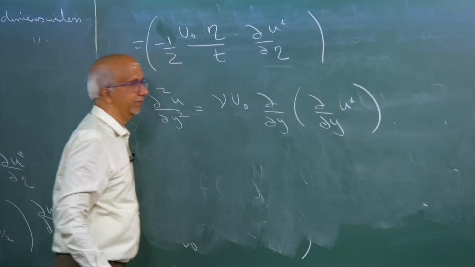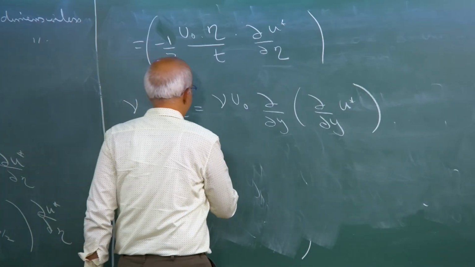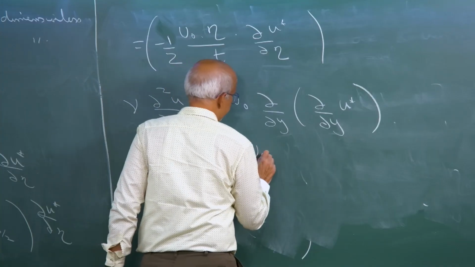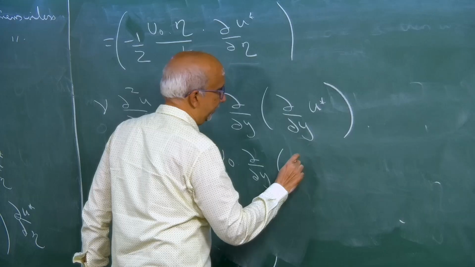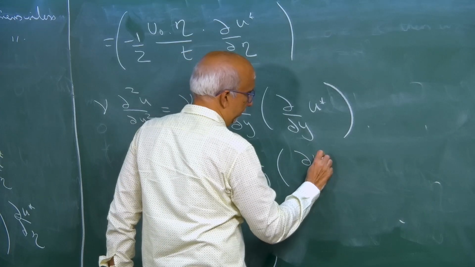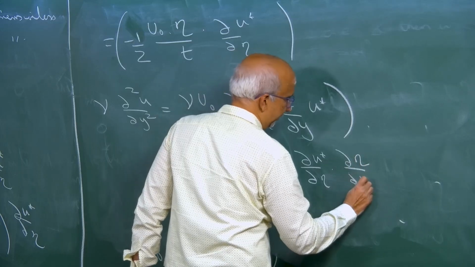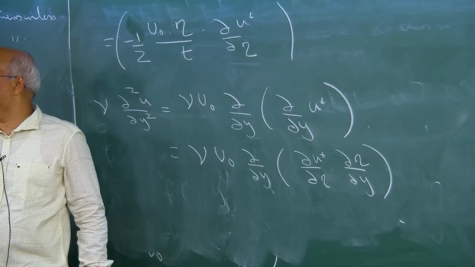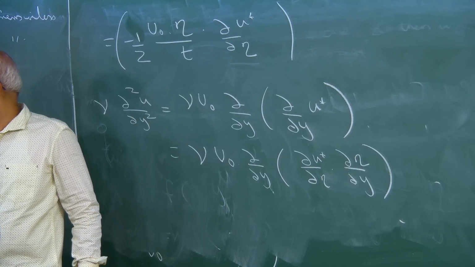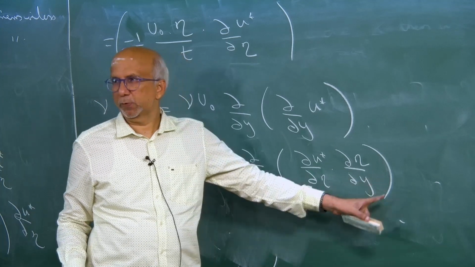That is the second derivative, and this I write as nu u naught d by dy of du star by d eta times d eta by dy. I am converting my independent variable from y to eta, because now it is eta. So, what is d eta by dy? 1 by square root of nu t.